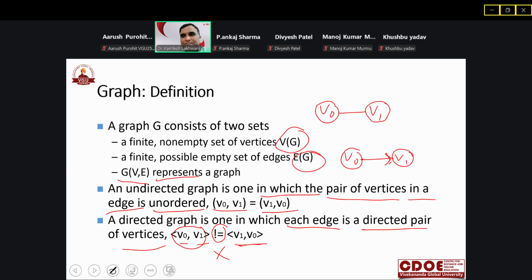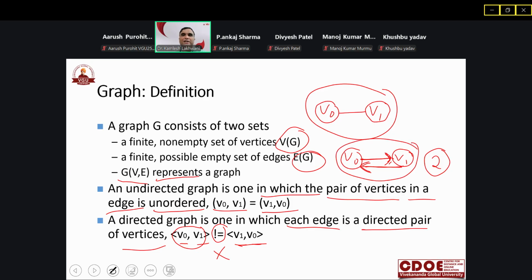For example, there is another edge having direction from V1 to V0, and this is the edge having direction from V0 to V1. So these are two different edges. There is not a single edge. That type of graph in which edges have some direction from one node to another is called a directed graph. So this graph is an undirected graph. This graph is a directed graph. I hope it is clear in your mind.